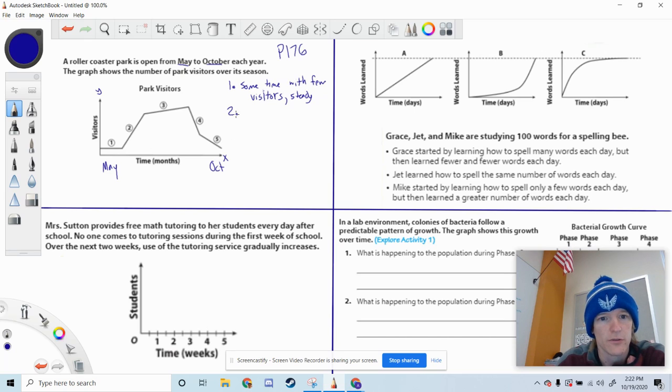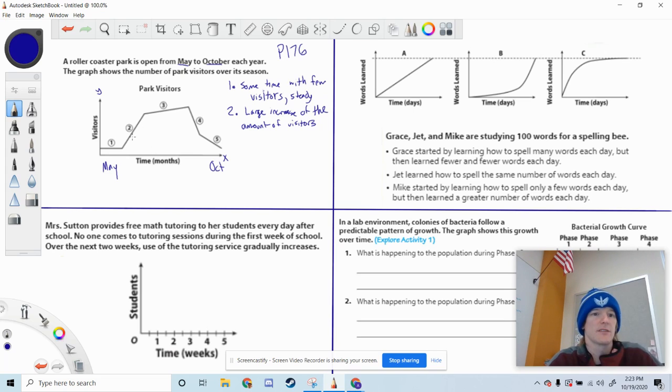When we get to 2, so this is May, maybe it's around June, maybe end of May, start of June, we see a large increase. So I'm going to say a large increase of the amount of visitors.